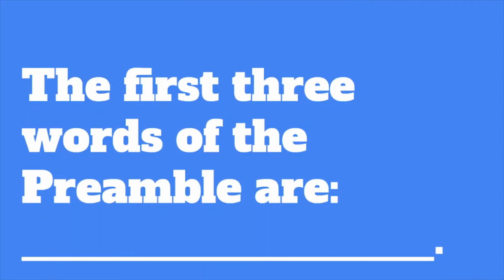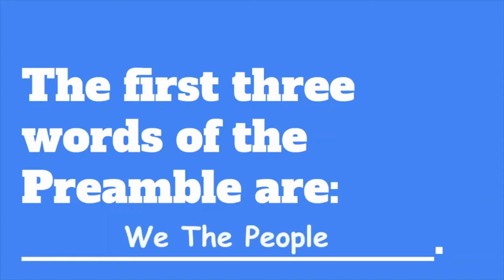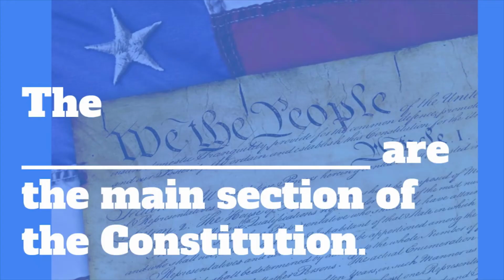First three words of the preamble are ___. We the people. The first three words of the preamble are we the people. The ___ are the main section of the Constitution.